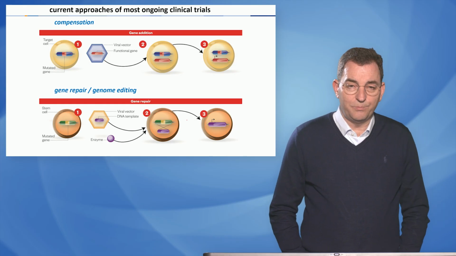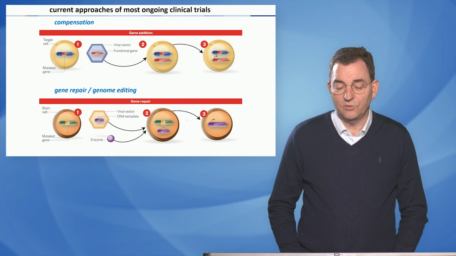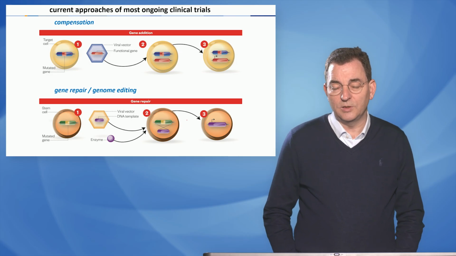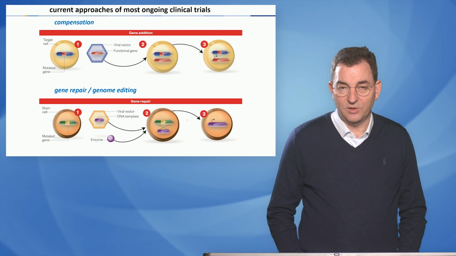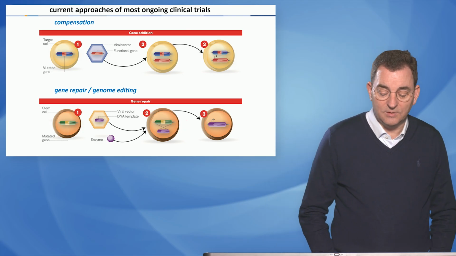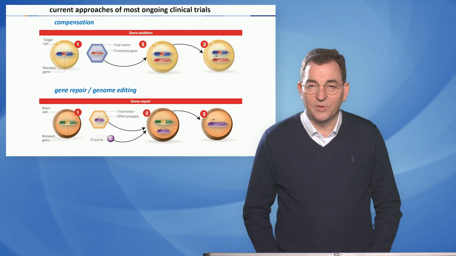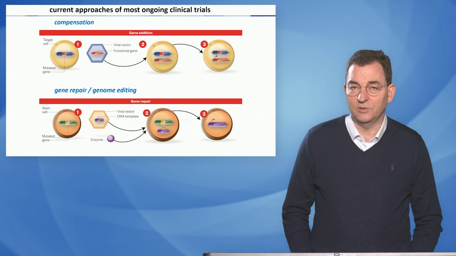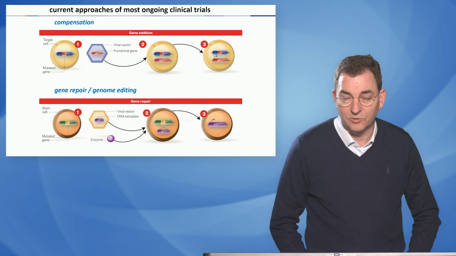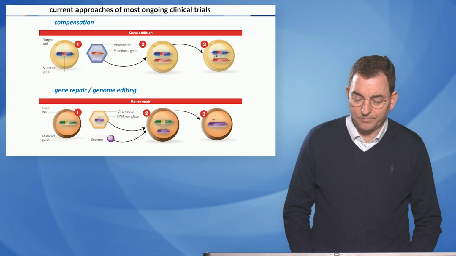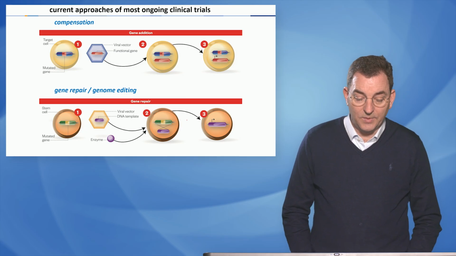There are two basic approaches to gene therapy in most of the ongoing clinical trials at the moment. Gene compensation: you have a defective gene and you compensate for the function by introducing the intact or functional gene, for example with a retroviral vector, or by whatever means.